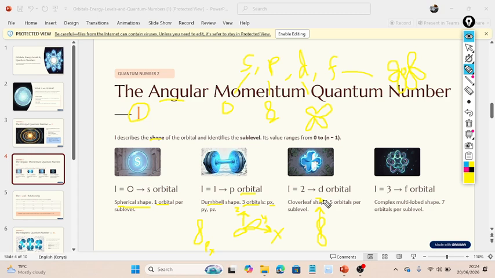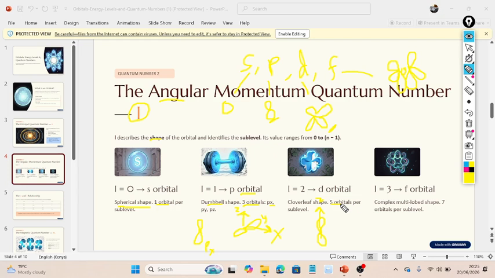All this is what the angular momentum tries to explain. It gives us the subshell levels and the number of subshells within that orbital. Then we have the d orbitals, and they are clove leaf shaped, just like this clove that I've drawn, and it usually dwells with 5 orbitals. We're going to visualize this later on.